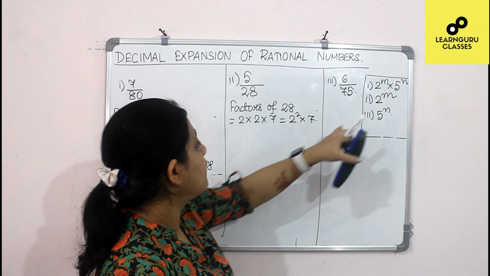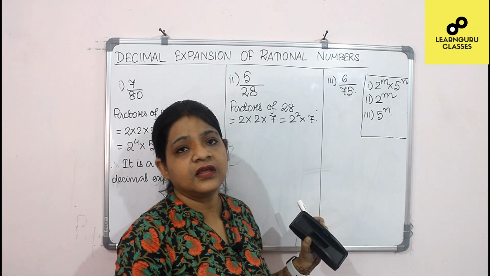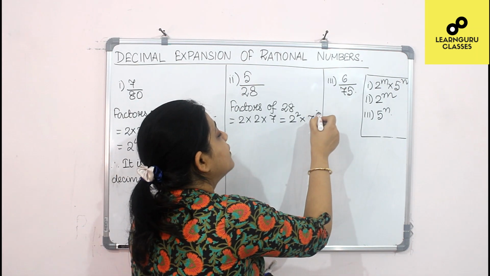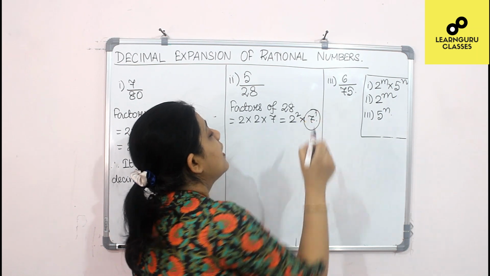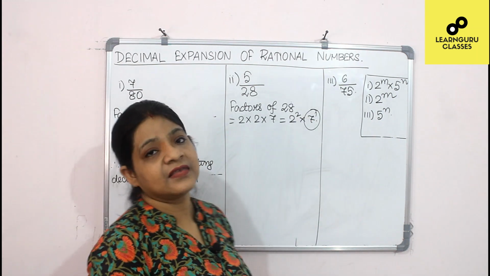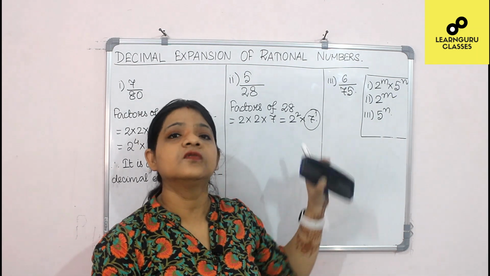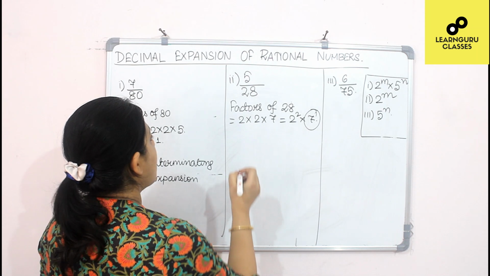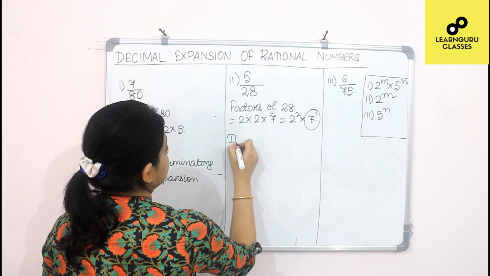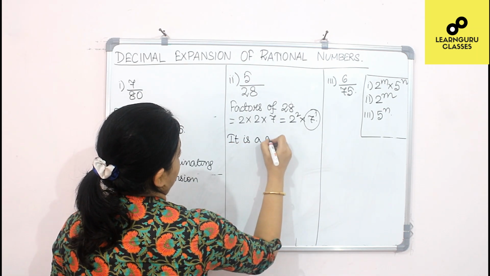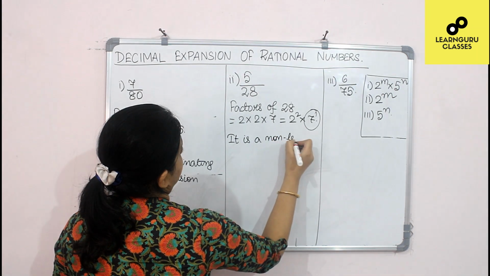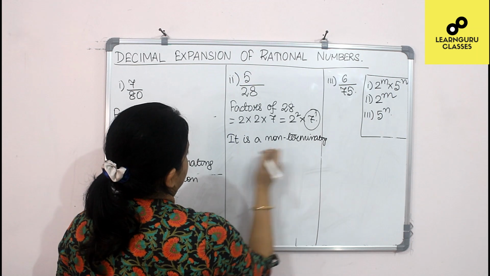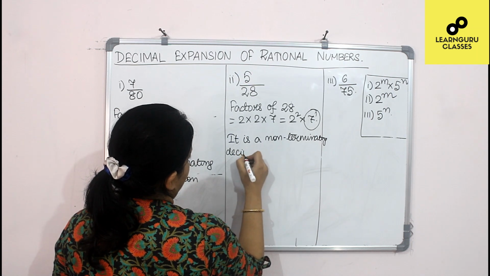Does it fall under any of these categories? We are getting 2 to the power of m, but along with it there is another factor, 7. So it is not falling under these categories. So we can say it is a non-terminating decimal expansion.